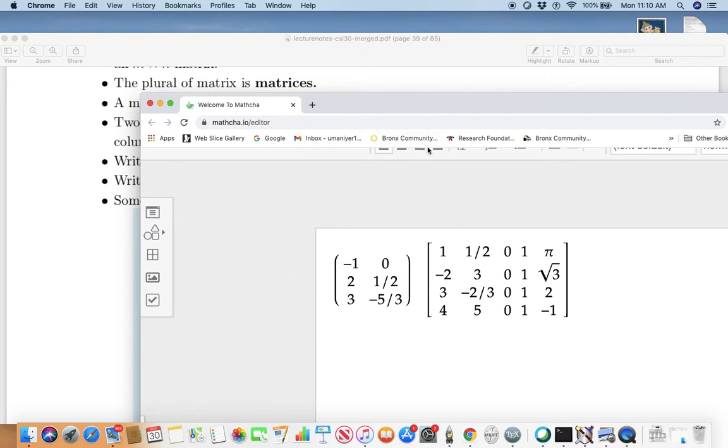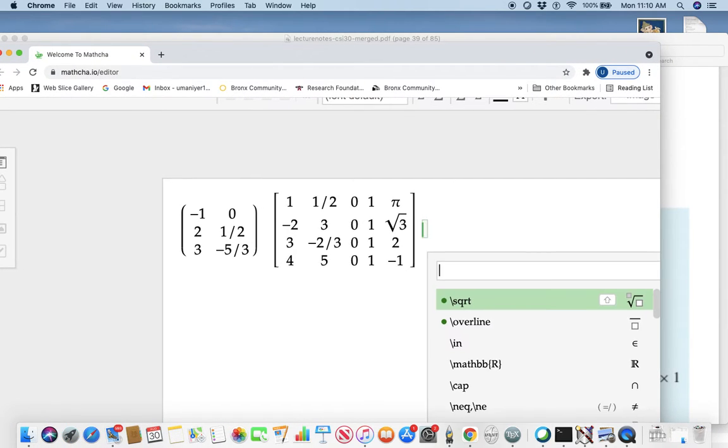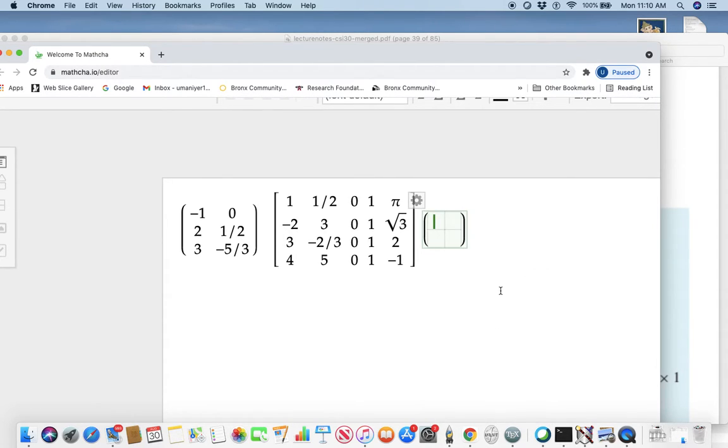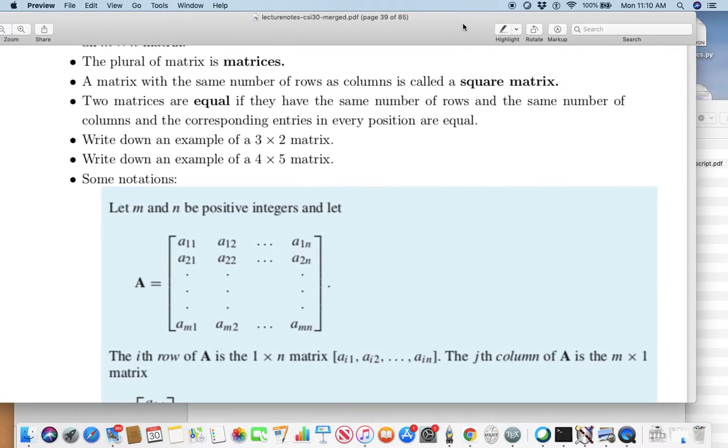Rows versus columns. If the number of rows is equal to the number of columns, we call such a matrix a square matrix. Look at that. 2 rows, 2 columns. That's an example of a square matrix. Now, 2 matrices are said to be equal if they have the same number of rows, the same number of columns, and the corresponding entries in every position are equal.